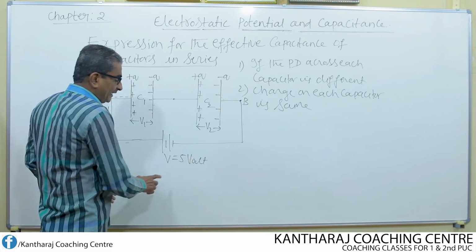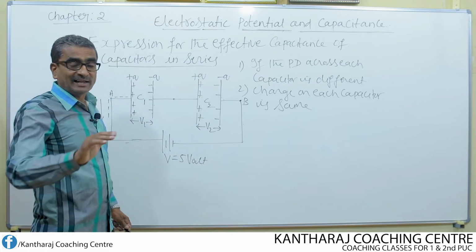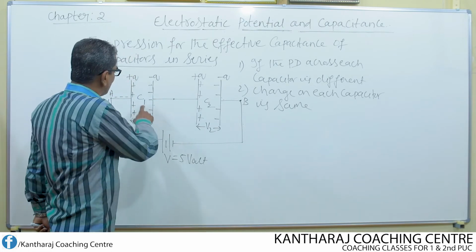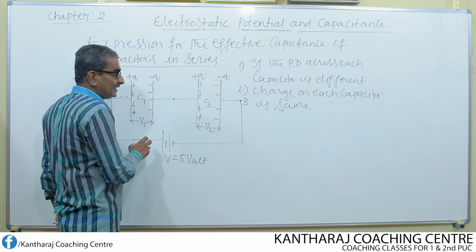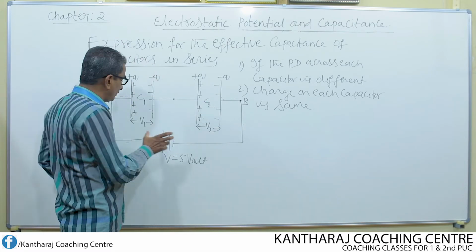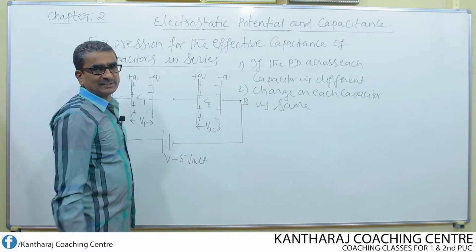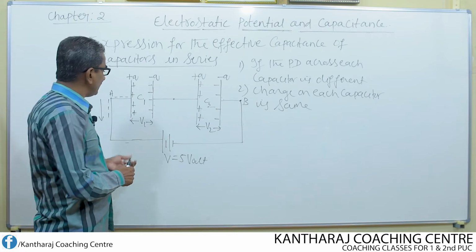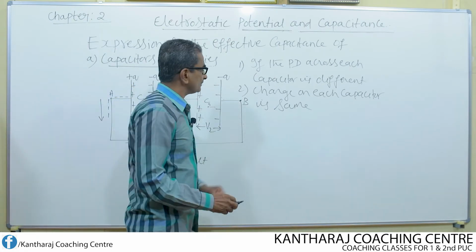That means the voltage gets divided across both these capacitors unequally, not equally. Why does it divide unequally? Because the capacitance values are not the same, they are different. Depending upon the capacitance value, the voltage gets divided across each capacitor. So this is how we can charge the capacitor and make the capacitors acquire different potentials.